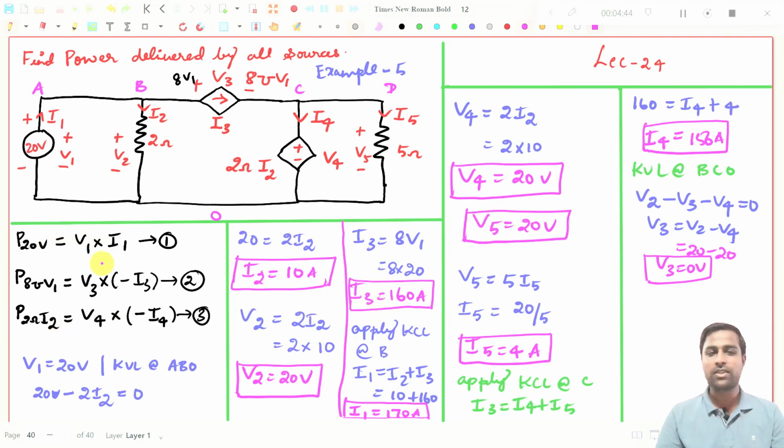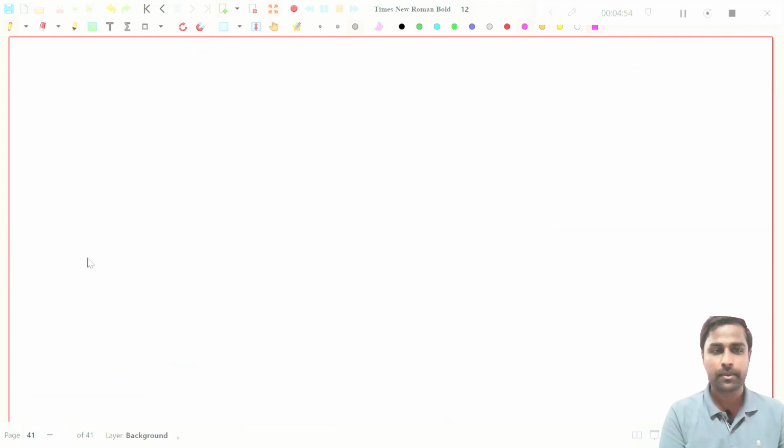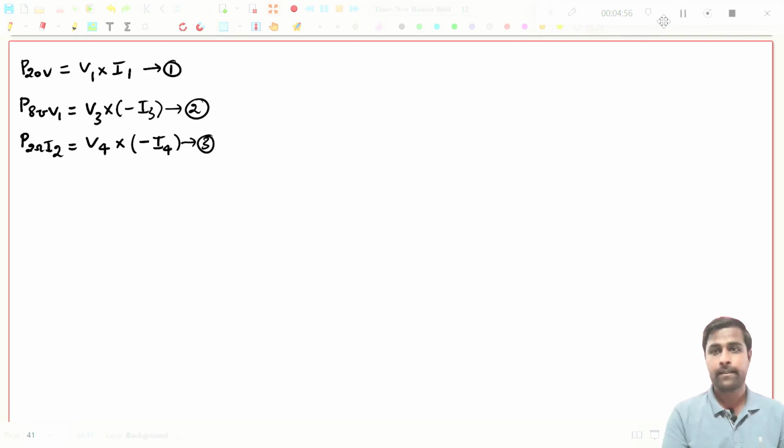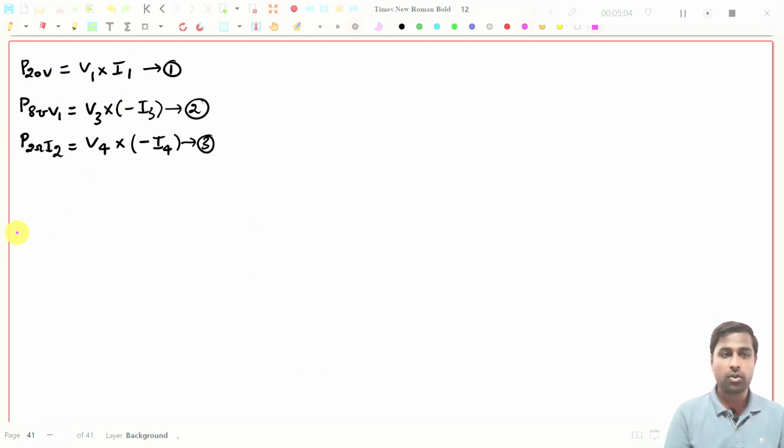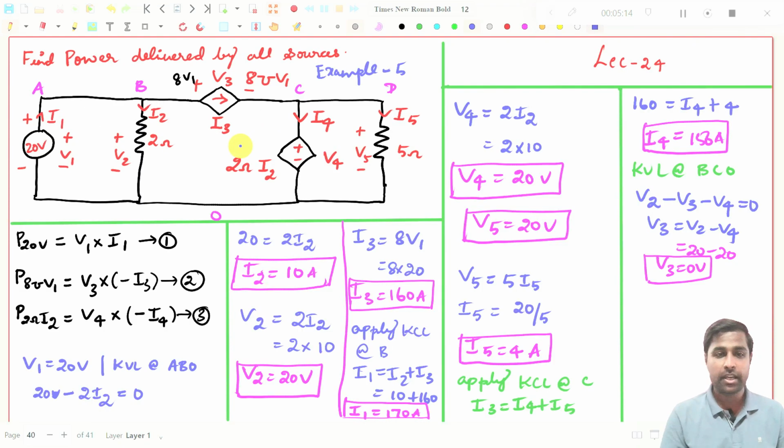Now you just substitute in this expression to get the power delivered by all the sources, right? For that we will take a new page. We have taken the expression, so we substitute in this expression right now. So P20 volt should be equal to V1, which is 20, and I1, which is 170.